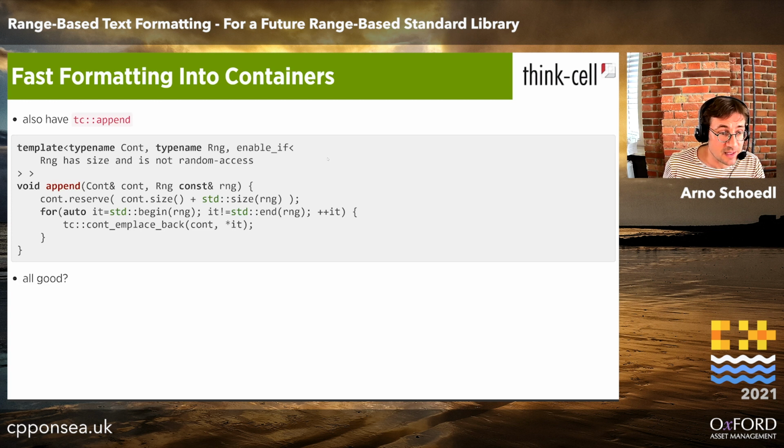Now, the problem here is this cont reserve. Whenever you use cont reserve, and that may be the lesson of the day, be very careful about this. Because if the container doesn't start off empty, but already has some size, there's always the danger that cont reserve only reserves exactly the amount of space that you specify.